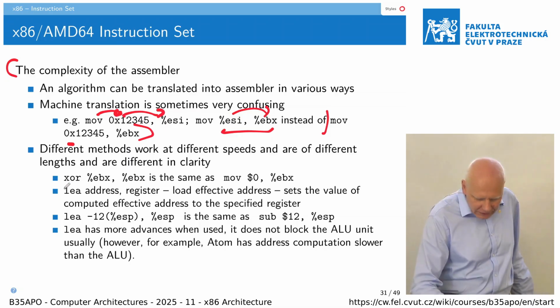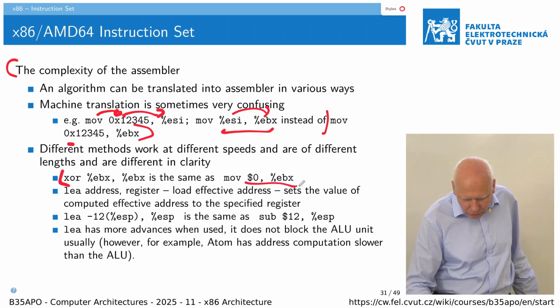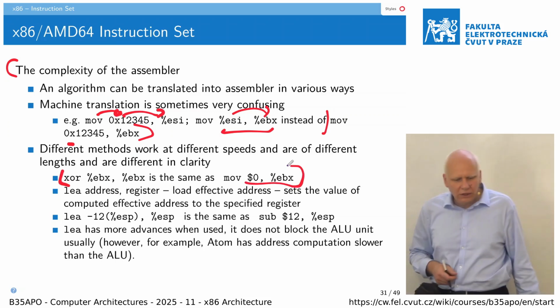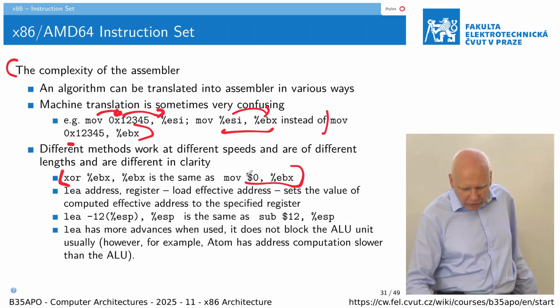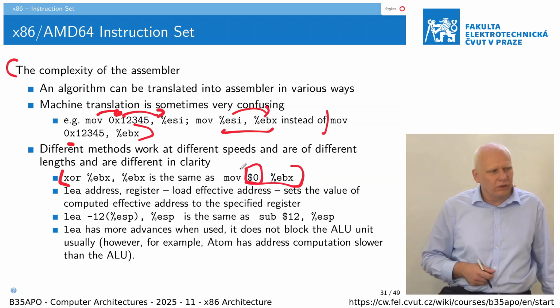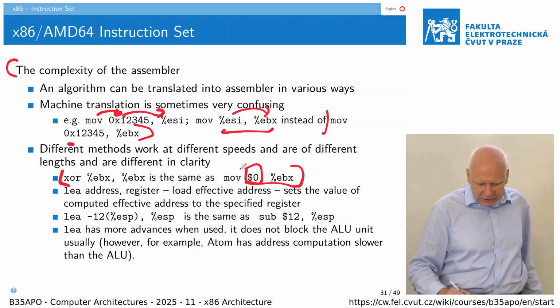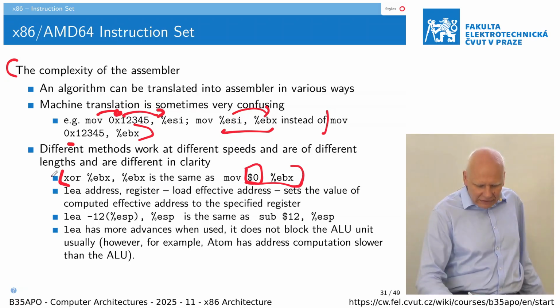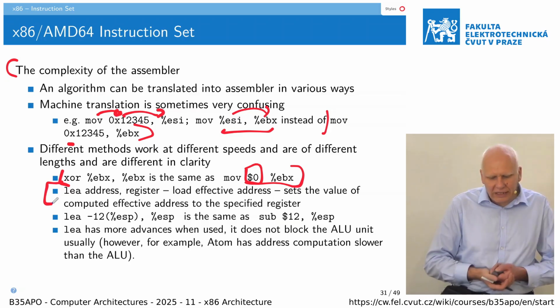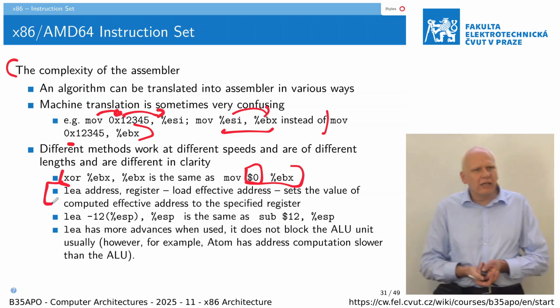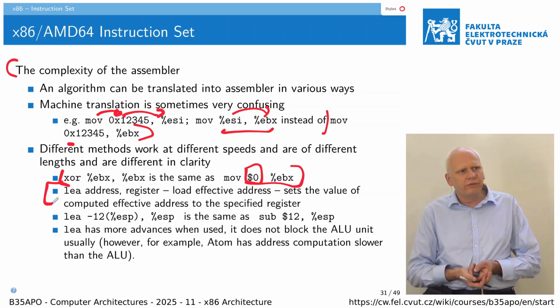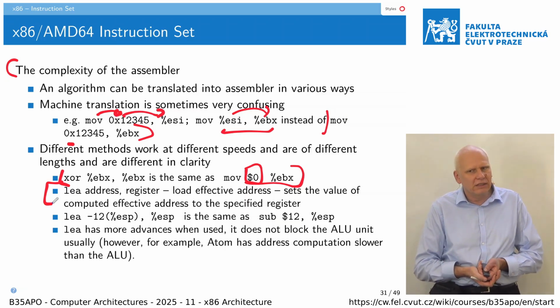Then, for example, this is the typical way to clear the register, that you XOR it with its own value, because otherwise you need to encode the immediate value, which you do not want to encode because it is a longer instruction. And then there is one instruction which is quite complex, because as you have seen, we do not have any 3-operand instruction for the integer arithmetic in the Intel.